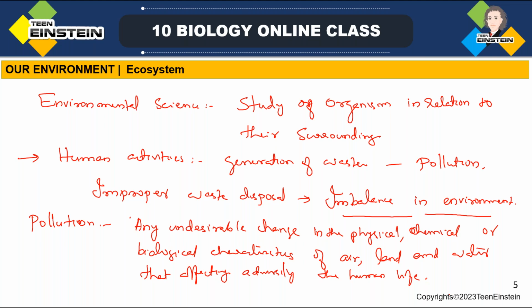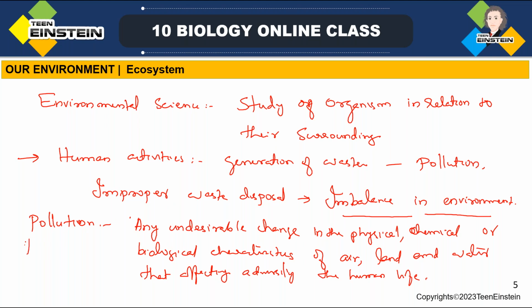Okay, and what is a pollutant? Now we said about pollution. What is a pollutant? A substance which is released to the environment due to a natural or human activity, which is creating adverse effects to the environment.